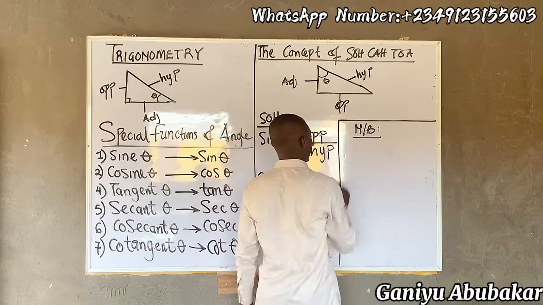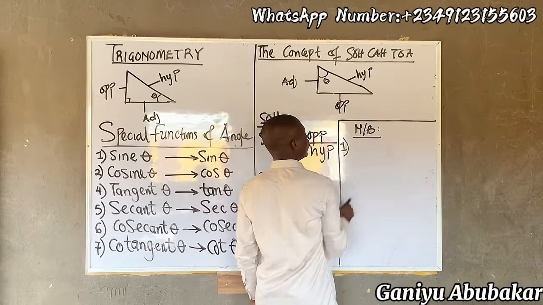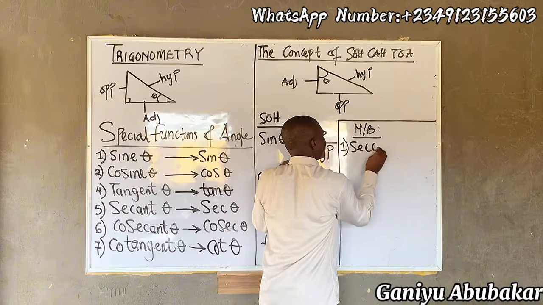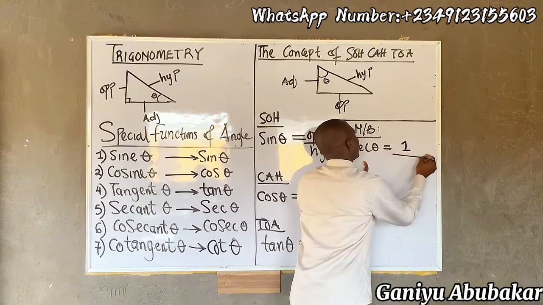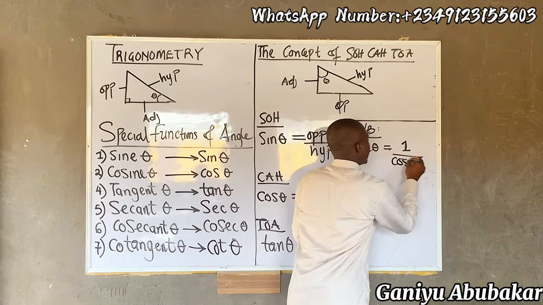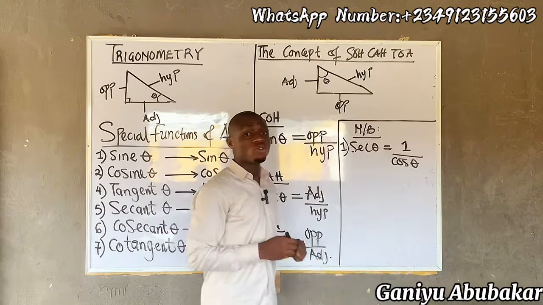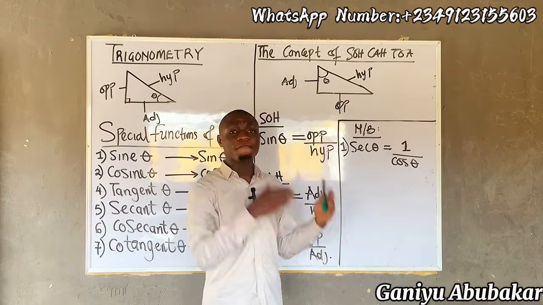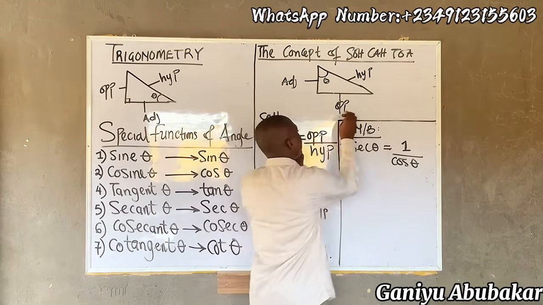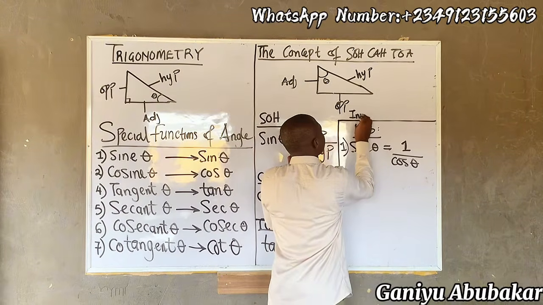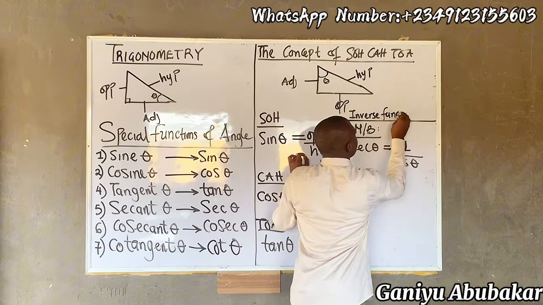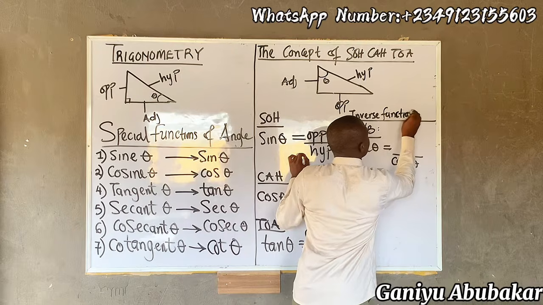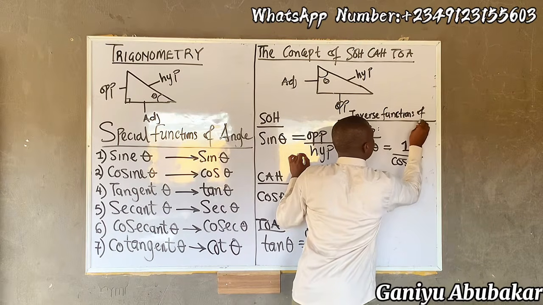Number 1, note that sec theta is equal to 1 over cos theta. What I'm giving here are called the inverse functions of angle.